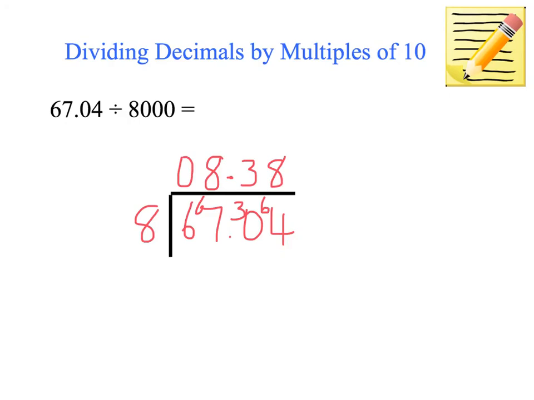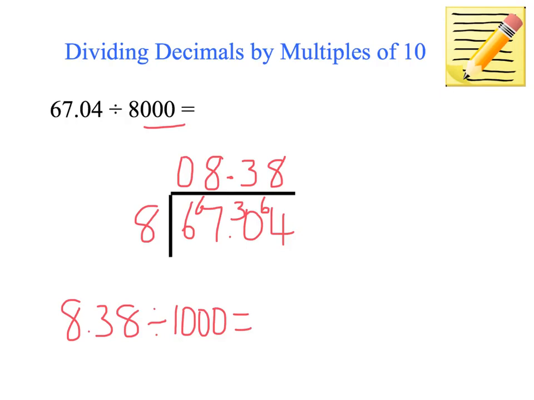Alright, so it's 8.38, but we're not finished yet because we still have these zeros we haven't done anything with. So we need to divide 8.38 by 1000, which means basically that we're just moving the decimal point to the left. Remember, divide left, so we're moving the decimal point to the left 3 places.